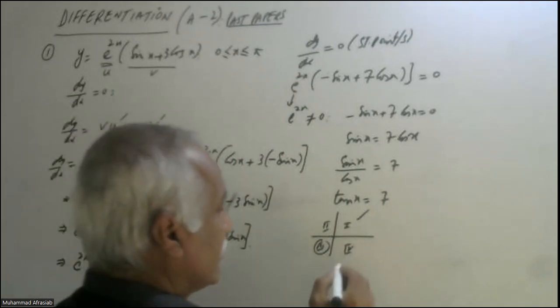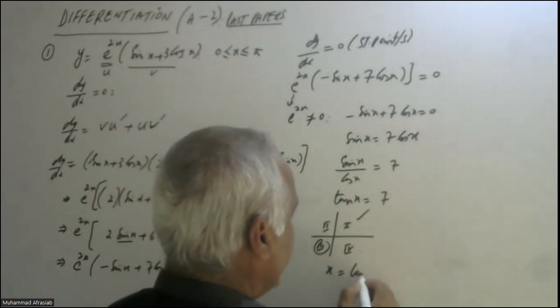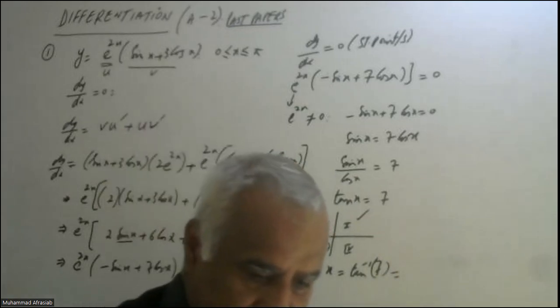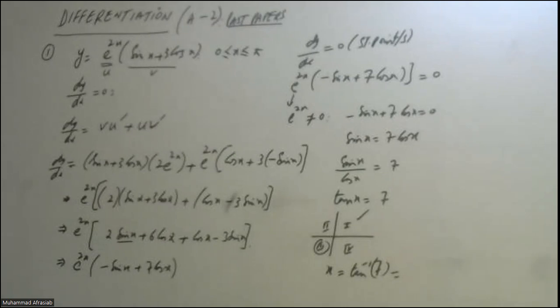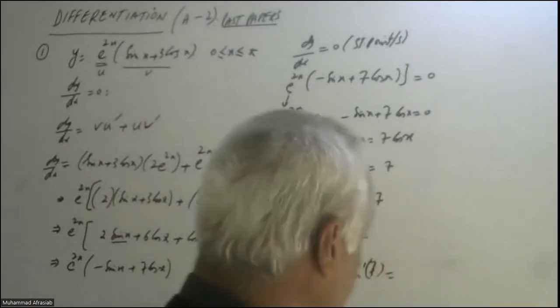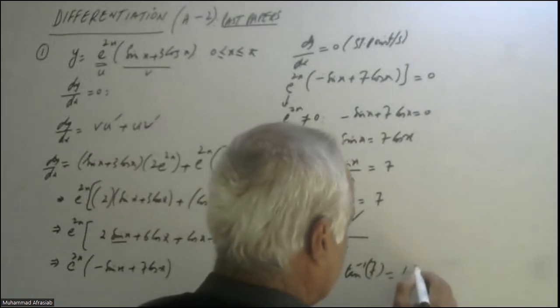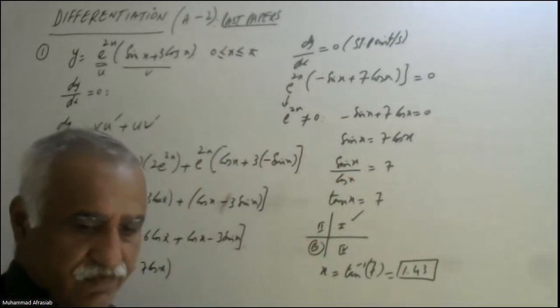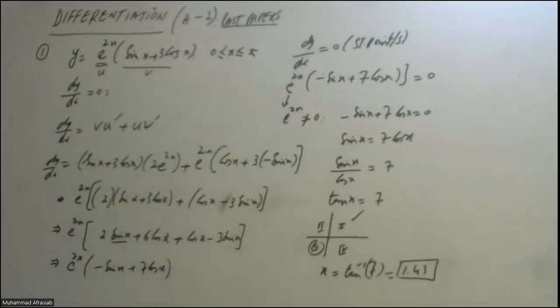So x will be equal to tangent inverse of 7, and that thing will be calculated as 1.43 radians. That is the answer for part A of this, where we are going to find the x coordinate of the stationary point.